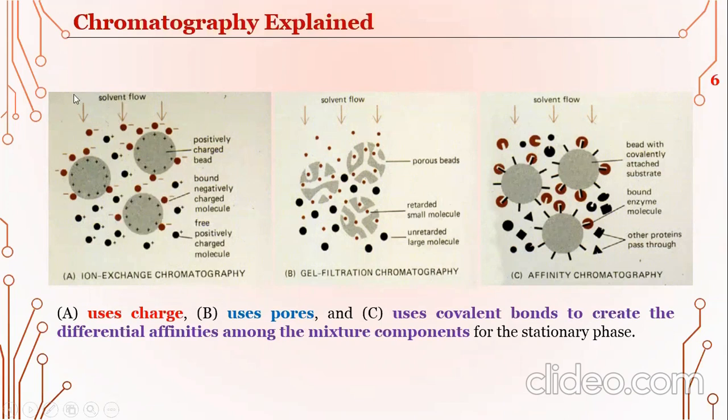The solvent movement is in this direction, from up to down. The positively charged molecules will move freely and faster, because the negatively charged ones will bind with these beads, and the positively charged molecules in the solvent will move out in that direction. So ion exchange chromatography uses charge.